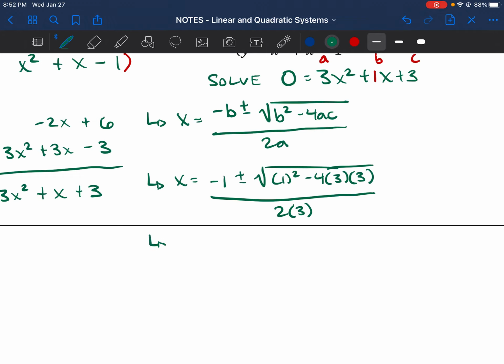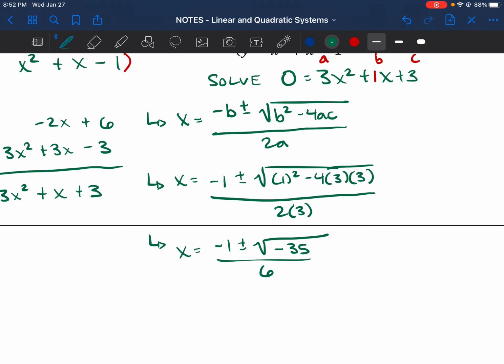All right, continuing to simplify. x equals negative 1 plus or minus the square root. And let's do some quick math here. 1 squared is 1. 4 times 3 times 3. So 3 times 3 is 9. 9 times 4 is 36. So this is 1 minus 36, which is negative 35. Then on the bottom, 2 times 3, that's going to be 6.